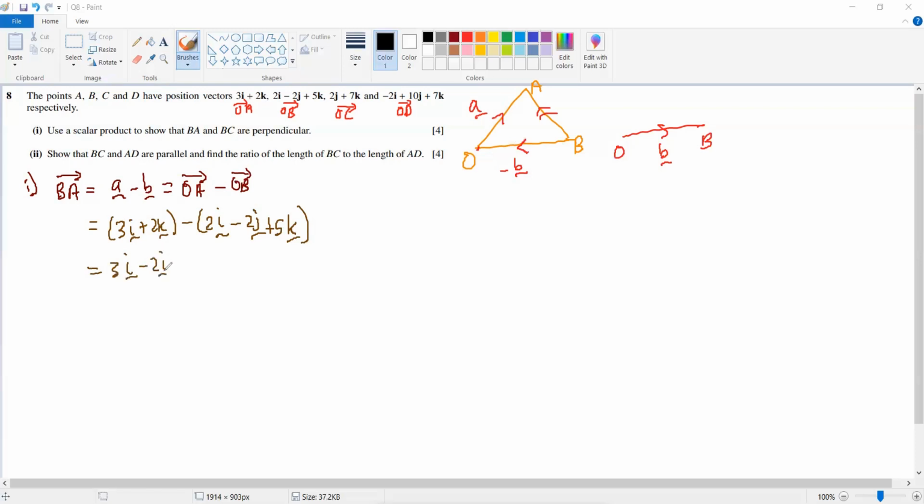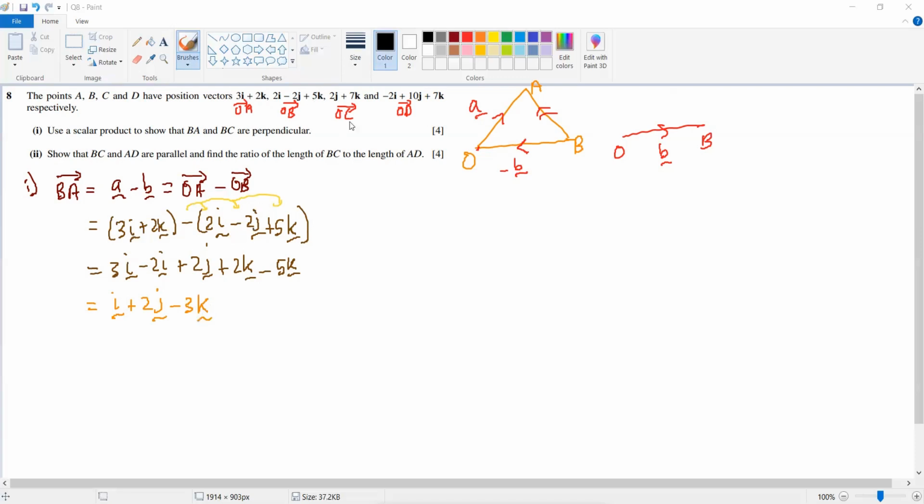So minus 2I, I first, then minus minus plus 2J. So we've got plus 2K minus 5K. Please take note of the multiplication like that. When you multiply it out, it becomes 3 minus 2 is I. This one is plus 2J. 2 minus 5 is negative 3K. Okay, this is the BA vector.